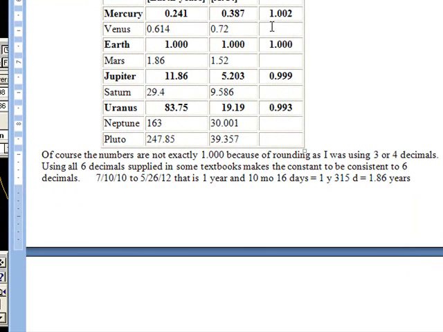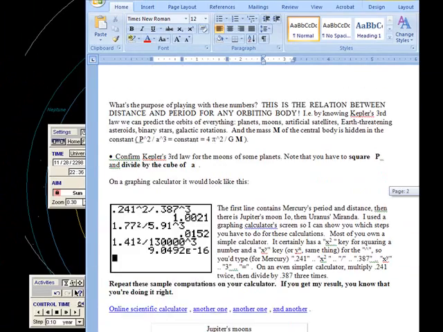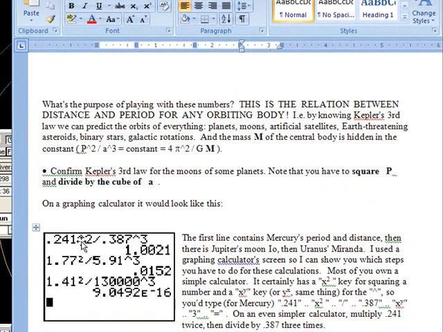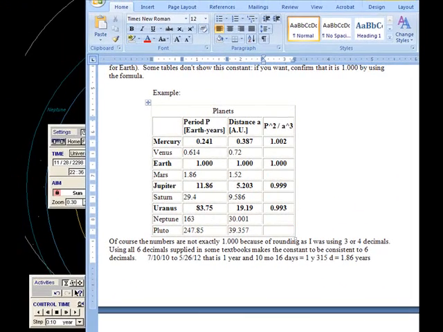Anyway, let me show you the calculations here. You can see that here on the lab sheet itself. I did the first one here for Mercury. I did this one here actually for the moon Io of Jupiter, and then the third one is for, I believe, a moon of Uranus, and so I'll show you the calculations here for a couple of the planets.